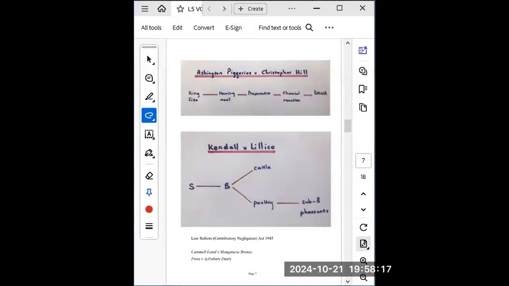Partial reliance. Now, what is clear is that reliance on the seller's skill and judgment doesn't even have to be total reliance. Partial reliance is sufficient. The case is Camel Laird against Manganese Bronze. The buyer gave detailed specifications as far as the ship propellers were concerned.